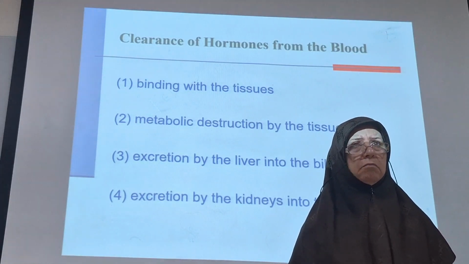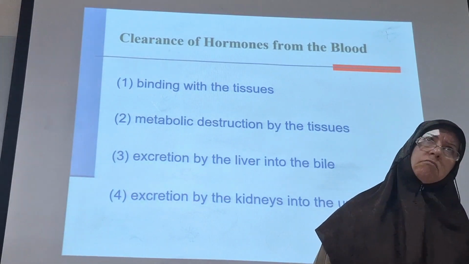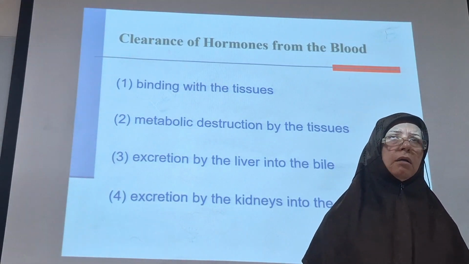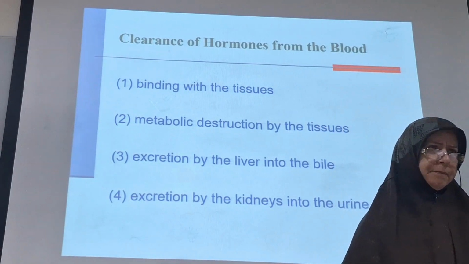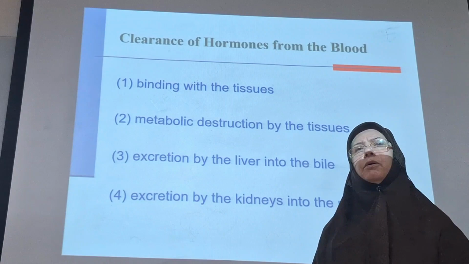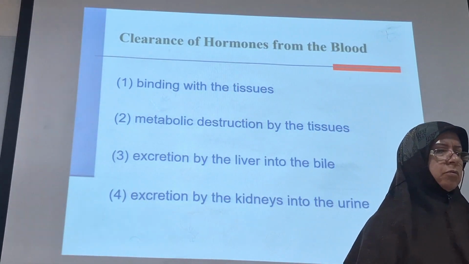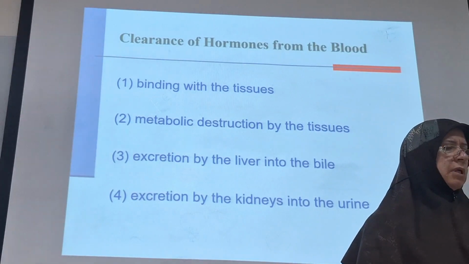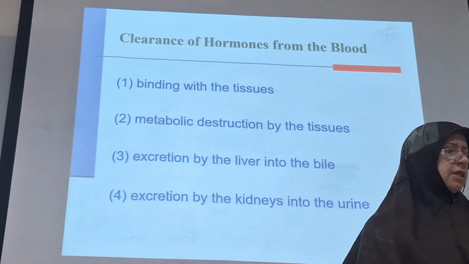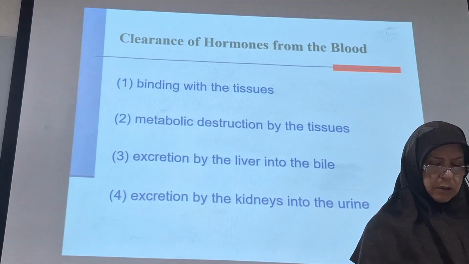It could also be excreted in urine, in feces, or in bile. It also goes into the tissue and dissipates in the tissues. So the routes are: binding with tissue, metabolic destruction by the tissue, excretion by the liver into the bile, and excretion by the kidney into the urine.